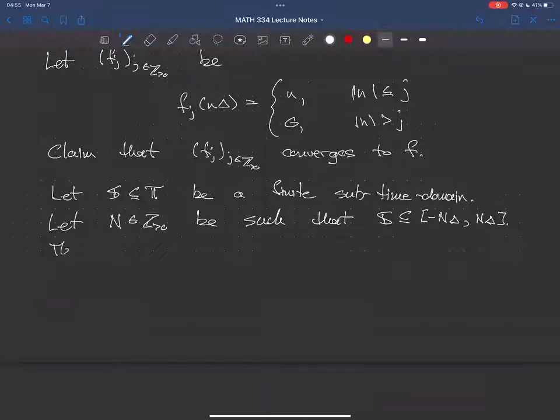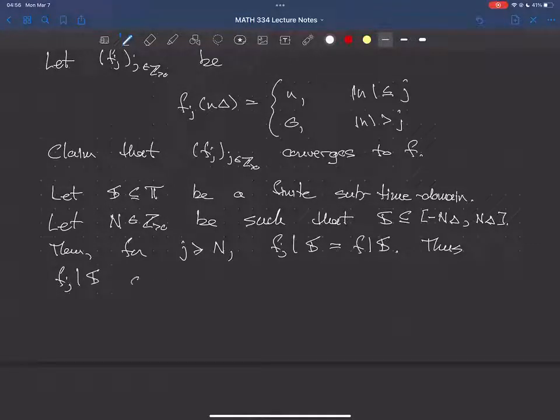So then for j greater than or equal to n, I simply have that fj restricted to S is equal to F restricted to S. And so thus clearly fj restricted to S converges to F restricted to S. All right, so that's how this mode of convergence works.